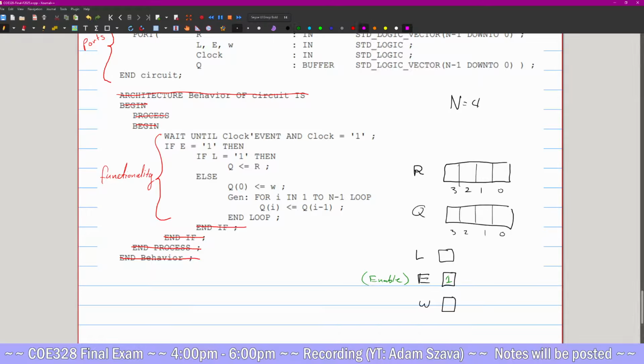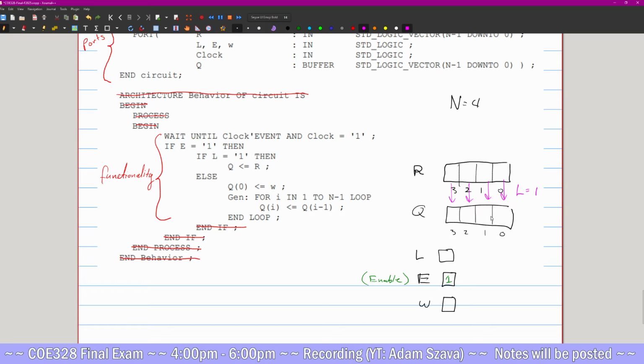So this is what happens if L equals 1 on the clock. Okay. So basically we have this R, maybe register, R for register. If L is 1, then it just parallel shifts into Q, all values. Okay, it's fine.